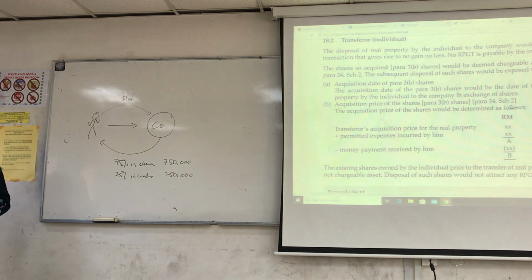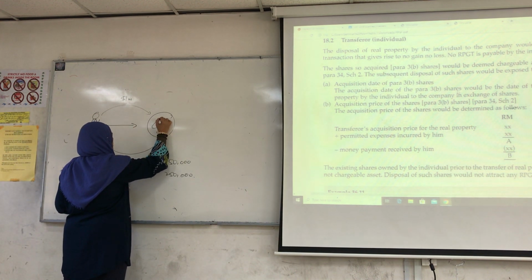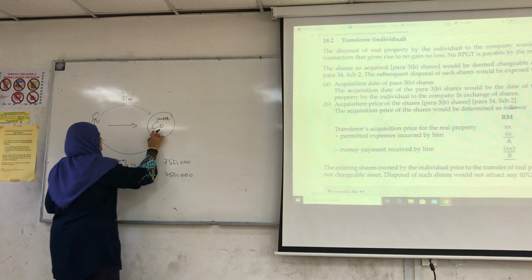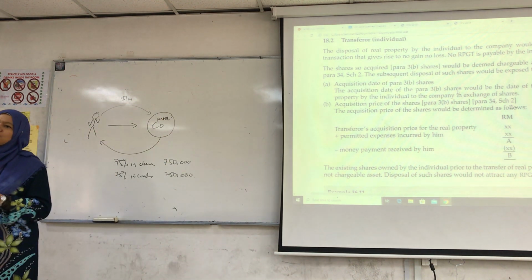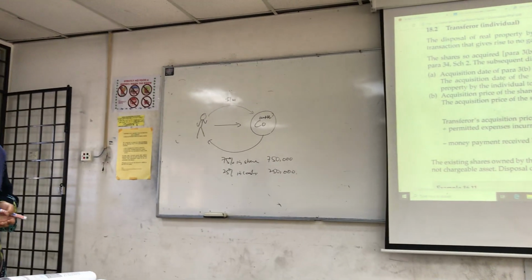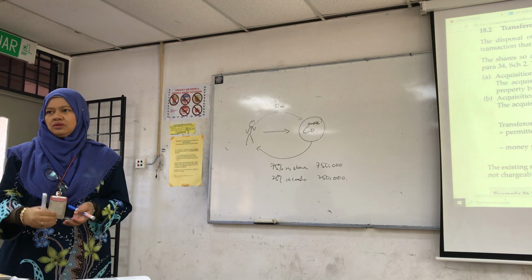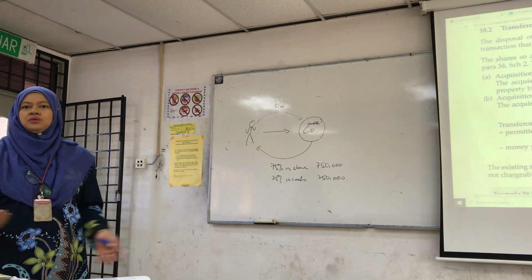You understand the scenario? So this company must be controlled by him, a controlled company. How you see the control: if you own more than 50% of the shares in that company, then you control the company. Or maybe you don't control the company, but your spouse or your relative controls the company. So it's a family-owned company.